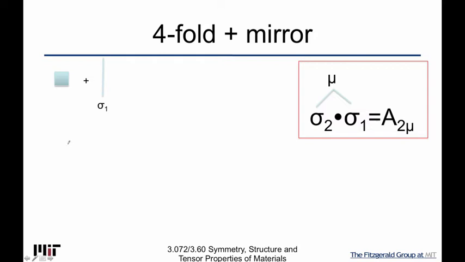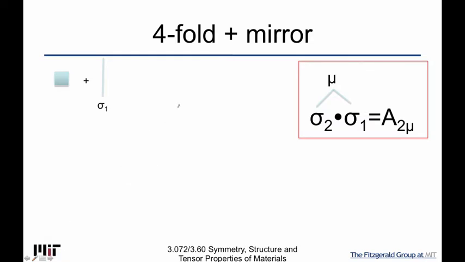So let's look at using our theorem to ask, what are some unique combinations? Will sigma 2 be 90 degrees, or is it another rotation that identifies a unique plane? In fact, I think you know the answer, which is that since this is half of the rotation angle, we're going to have a new unique plane.